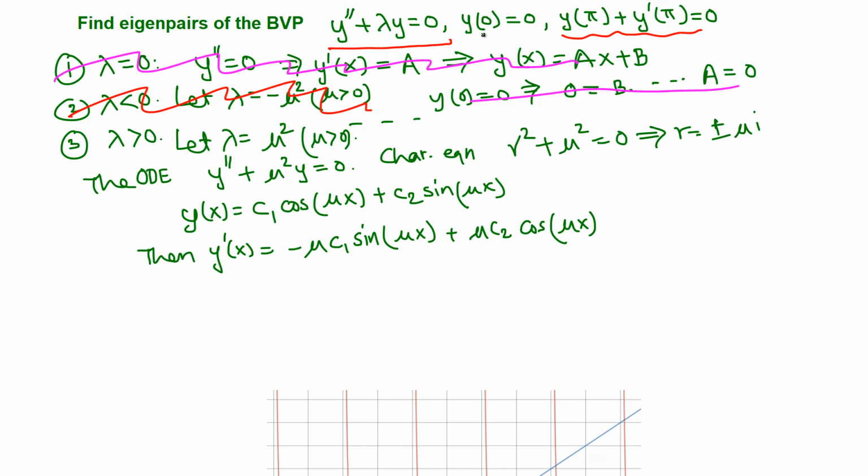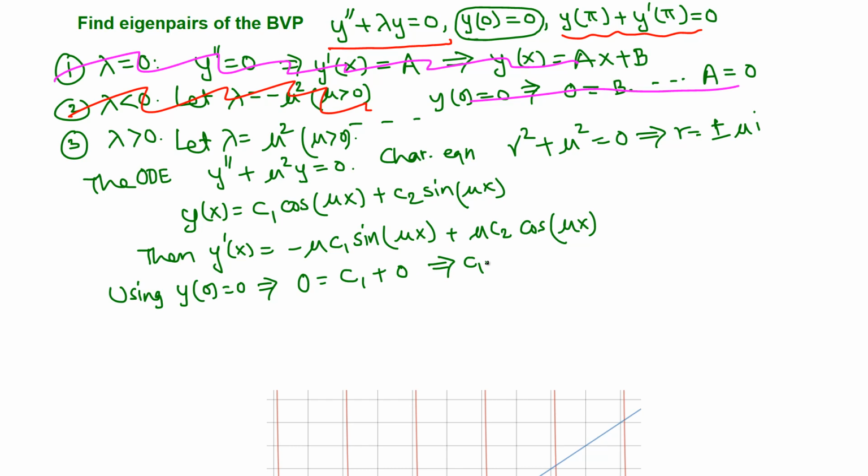Now using the first boundary condition, y(0) = 0, so y is 0 when x is 0: c1 cos 0, cosine 0 is 1, so c1, plus c2 times sin 0. Sine 0 is 0, so this is just 0.